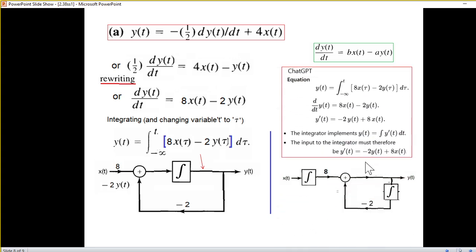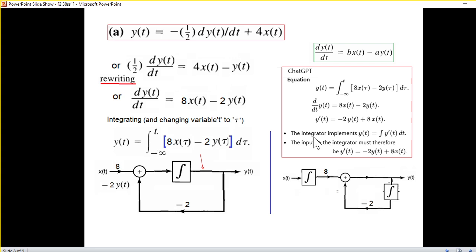So I took help of ChatGPT and I asked this question. What ChatGPT is saying is that since y(t) is like this, if we differentiate this, then we get this term from here. And this y dash t is equal to minus 2 y(t) plus x(t).